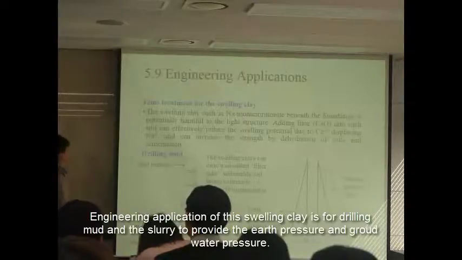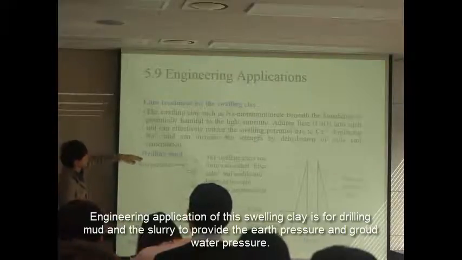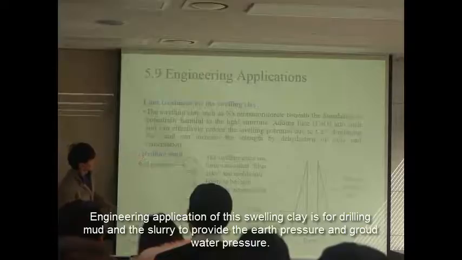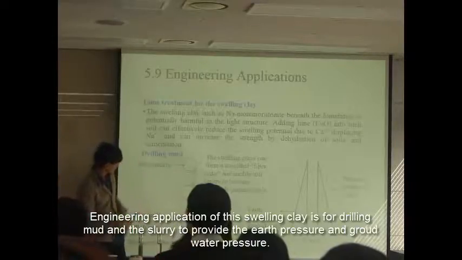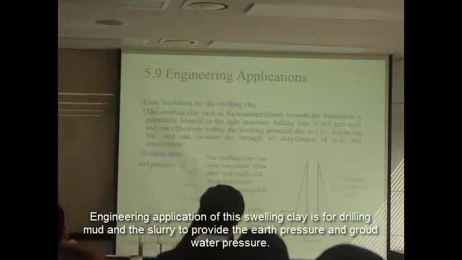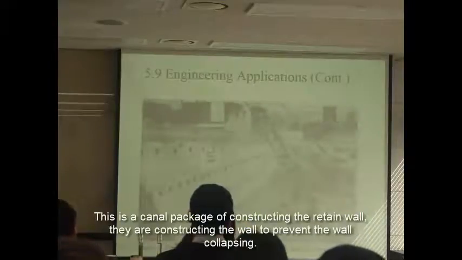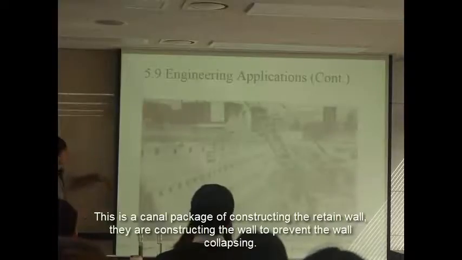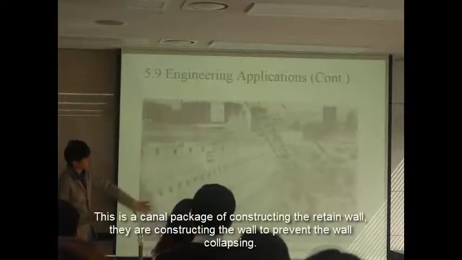So one engineering application of the swelling clay is drilling mud and slurry, to provide the earth pressure and groundwater pressure. This is the common practice of constructing an earth wall, a soil retaining wall.